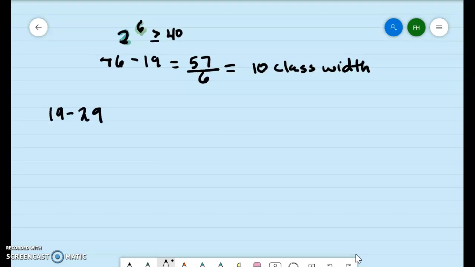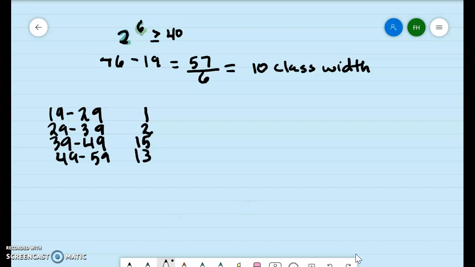19 to 29, there was 1 in that class, and then 29 to 39, there were 2. 39 to 49, there were 15, and then 49 to 59, there was 13, and 59 to 69, there were 7, and then 69 to 79, there were 2.